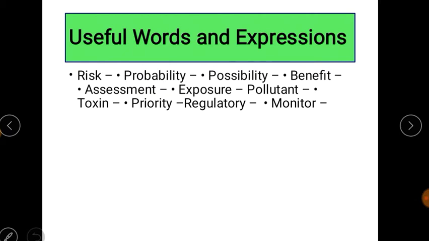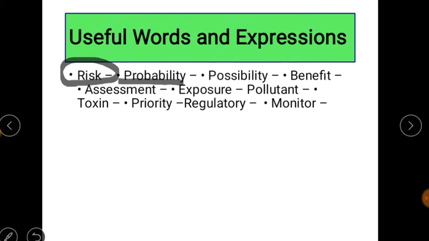When we discuss a risk, it means a harm which can damage with different respect. Then probability: how much probability is there to cause harm, or how much level of harm. Then possibilities, benefit assessment. Assessment is determining the level.